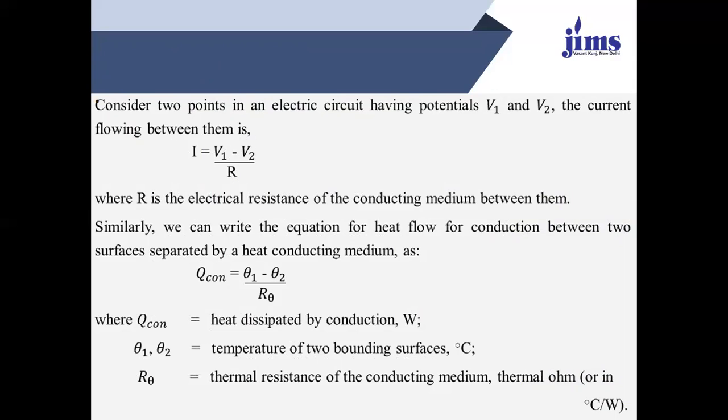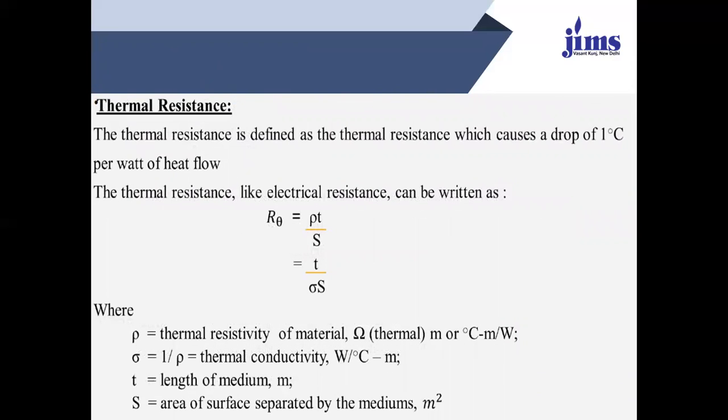Here Q cond is the heat dissipated by conduction, and theta 1 and theta 2 are the temperatures of the two bounding surfaces. R theta stands for the thermal resistance of the conducting medium under thermal conduction. The thermal resistance is defined as the resistance which causes a drop of 1 degree Celsius per watt of heat flow.